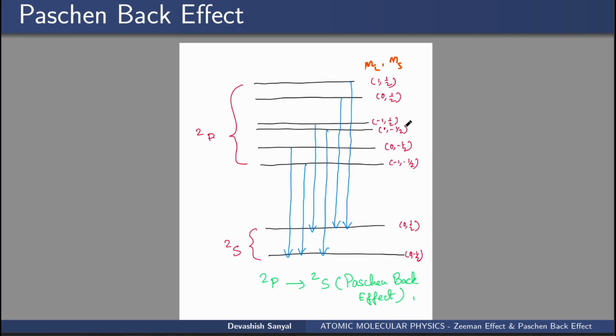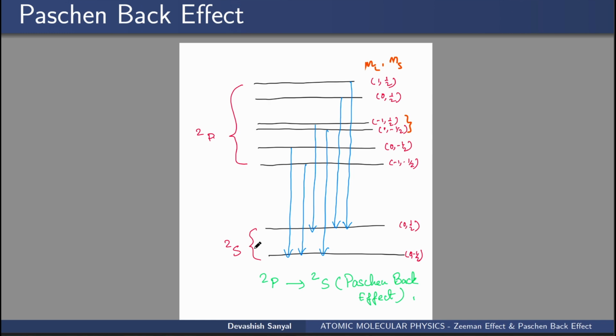Only for these two, as I discussed before, minus 1 and half and 1 and minus half, they are at the same energy level and have not shifted from the original level.